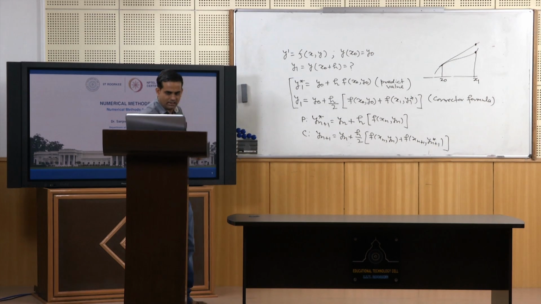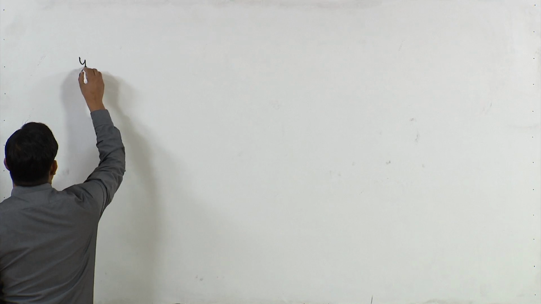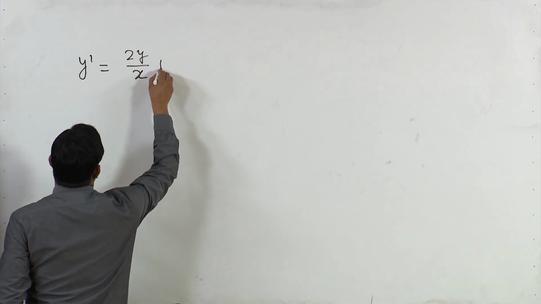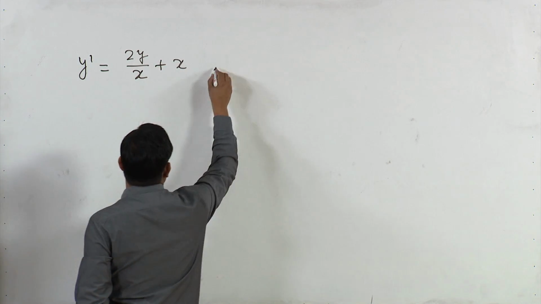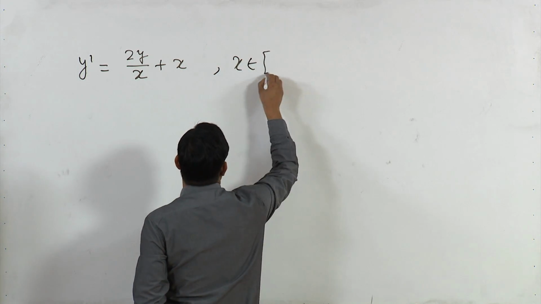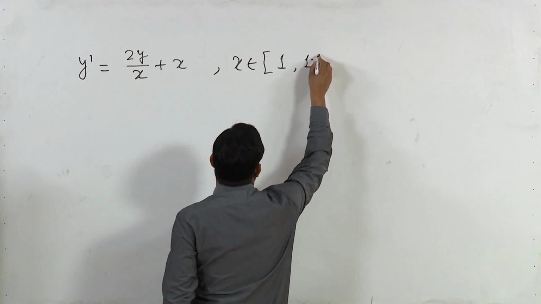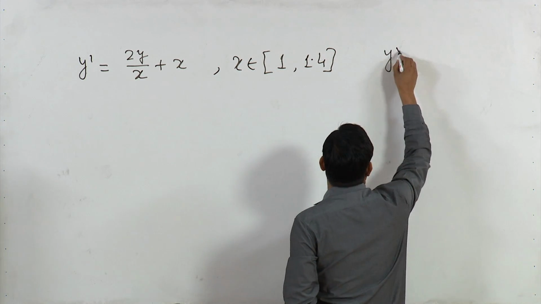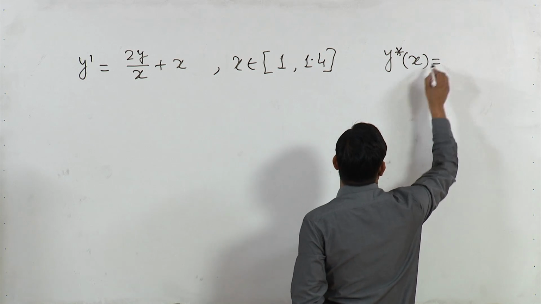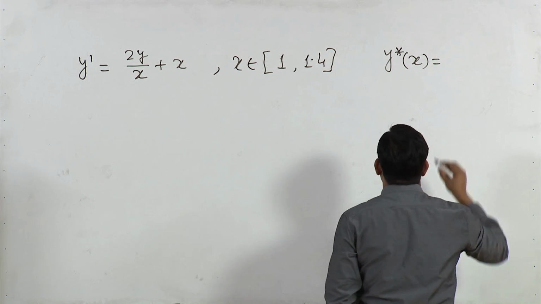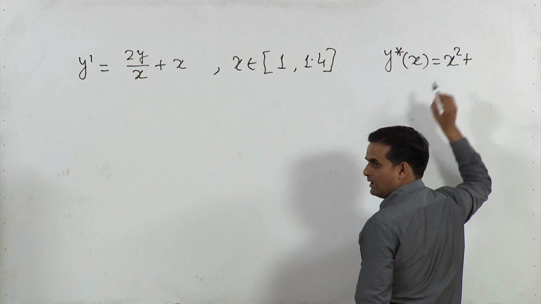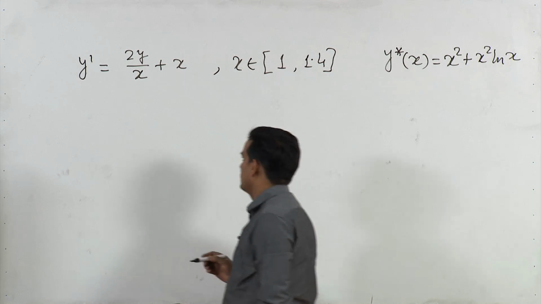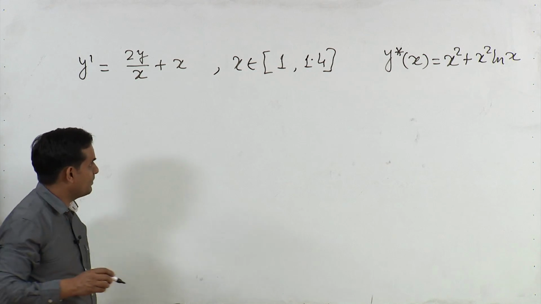So, how to apply this method? The initial value problem is given as y dash equals to 2y upon x plus x, x belongs to the interval 1 to 1.4. The true analytic solution is also given, that is y star x is x square plus x square log x. Now, I need to solve this problem.